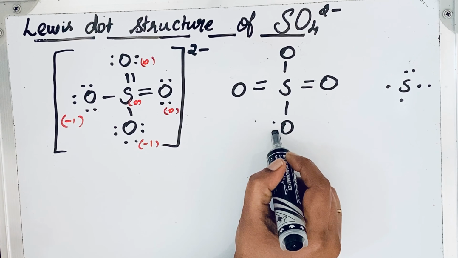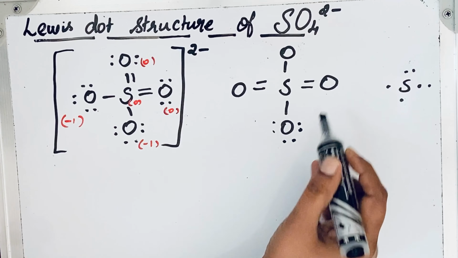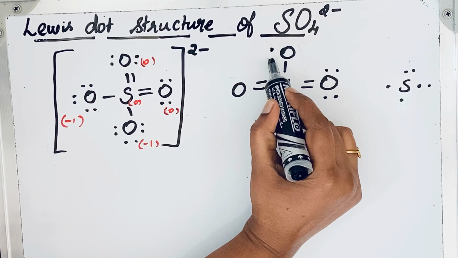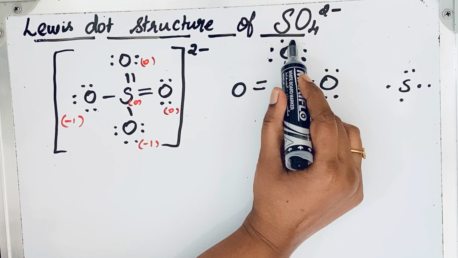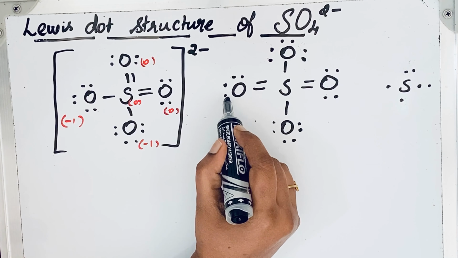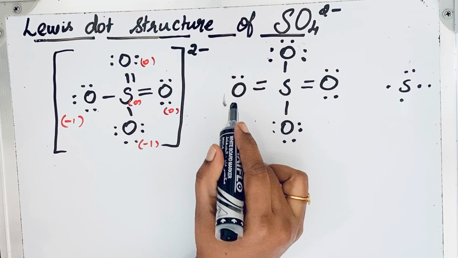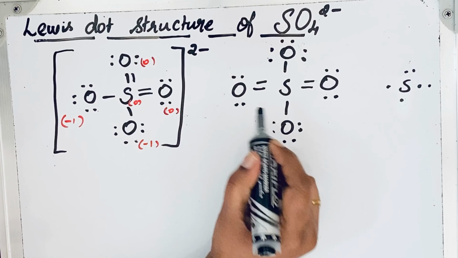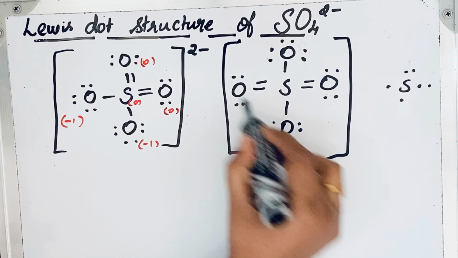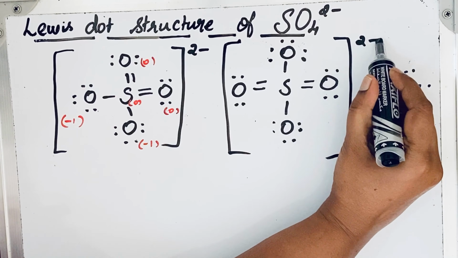So 2, 4, 6, 8. Same here, 4, 6, 8. Here also 8. Then here already 4, 8. So now this is polyatomic anion. So we enclose with brackets and we will write same structure only.